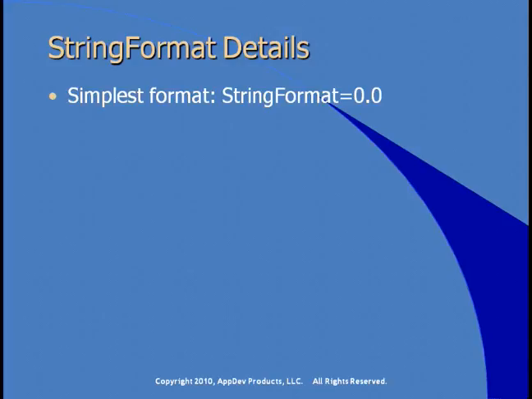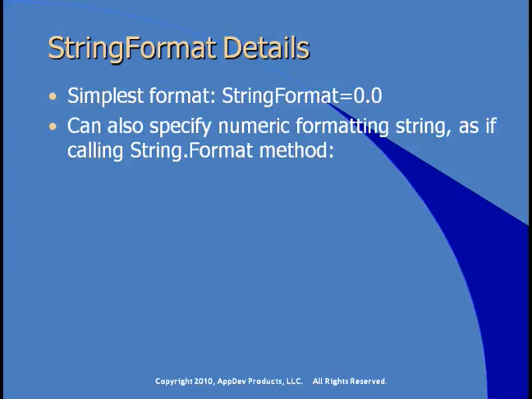As you saw in the example, the simplest format would have the string format equal to some numeric placeholder or some formatting string. You can also specify a numeric formatting string as if you were calling the string.Format method, something like this. StringFormat equals open close curly brace, then curly brace 0:F1, end curly brace, and that looks confusing.